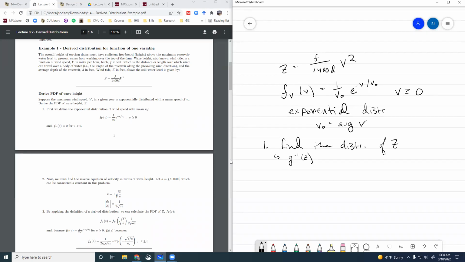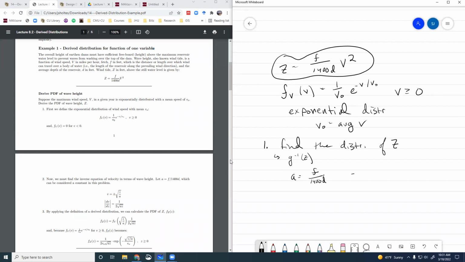Okay, so we've got this function right here. This is what we're going to be solving for. And to do this, we're going to simplify it. We're going to say A is equal to the constants. So we'll take all the constants out and put them into one.